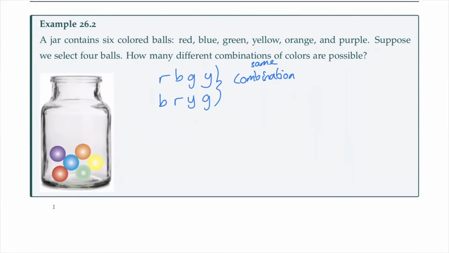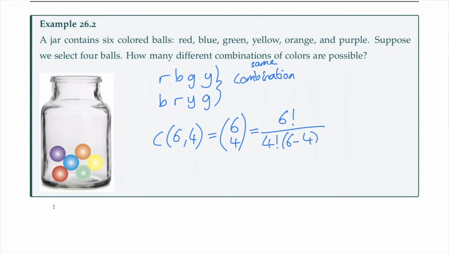So in this case, we need to just use our binomial coefficient from above. We're choosing the combination where we have 6 objects, so n is equal to 6. We're choosing k equal to 4 of those objects. So we write this as n choose k, which is 6 choose 4, using the notation above, which is 6 factorial over 4 factorial times 6 minus 4 factorial.